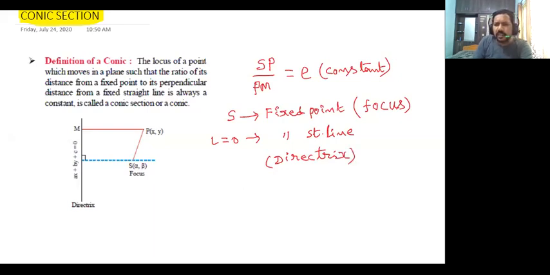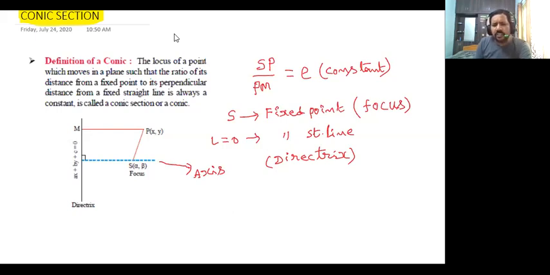Fixed point is called focus. Fixed straight line is called directrix. Now, the line passing through the focus perpendicular to the directrix is called the axis. This line is called the axis of the conic.